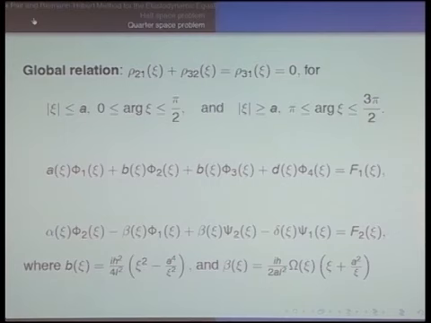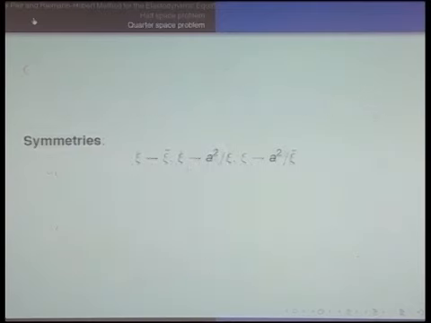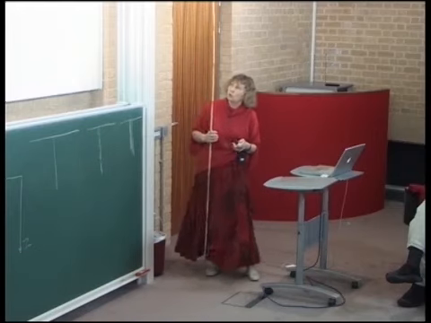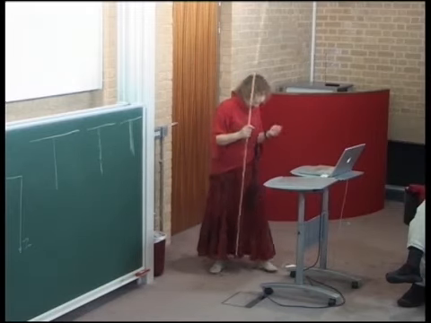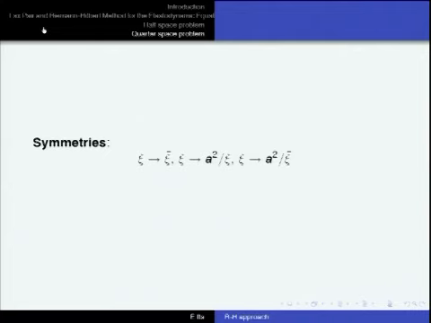We do it using some symmetries, like that for the global relation, and in a similar way we can work with the circular part of the contour using the radiation condition.